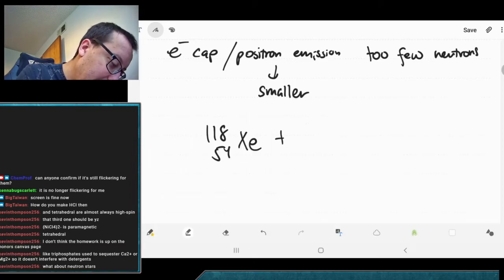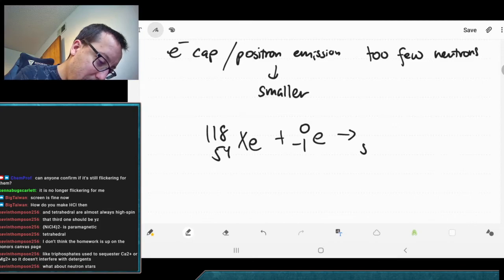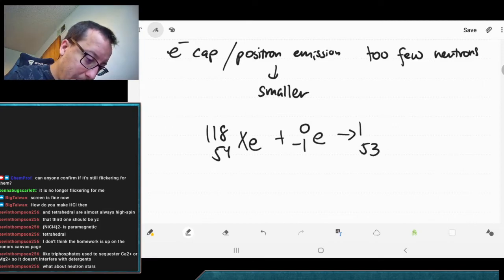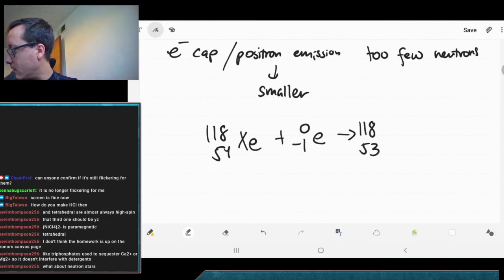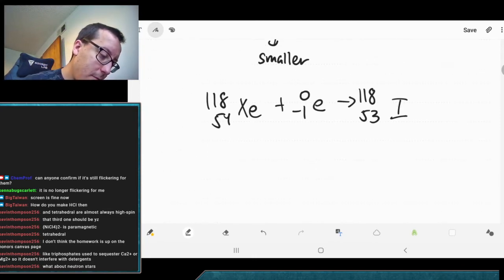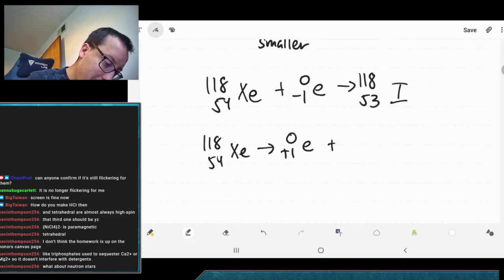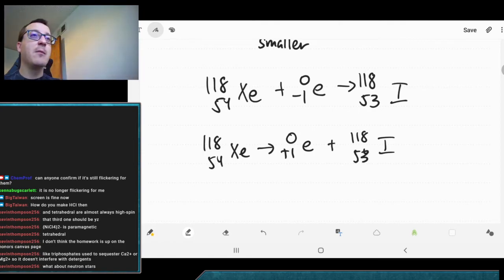If it undergoes electron capture, we can indicate that by putting 53 on the bottom, which is iodine. Or it can undergo positron emission, and make the same product, that same iodine nucleus or nuclide.